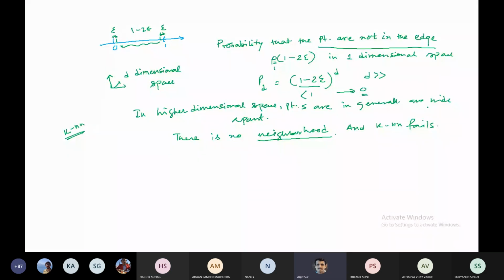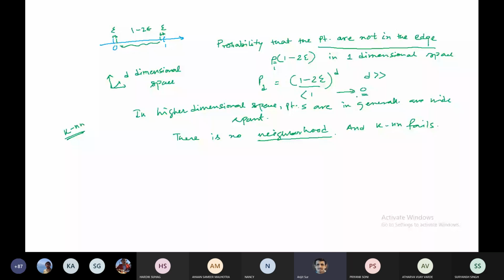Here I'm trying to say, in a higher dimensional space, a KNN-like algorithm fails because the neighborhood that we defined in the case of KNN doesn't happen. So it doesn't exist.